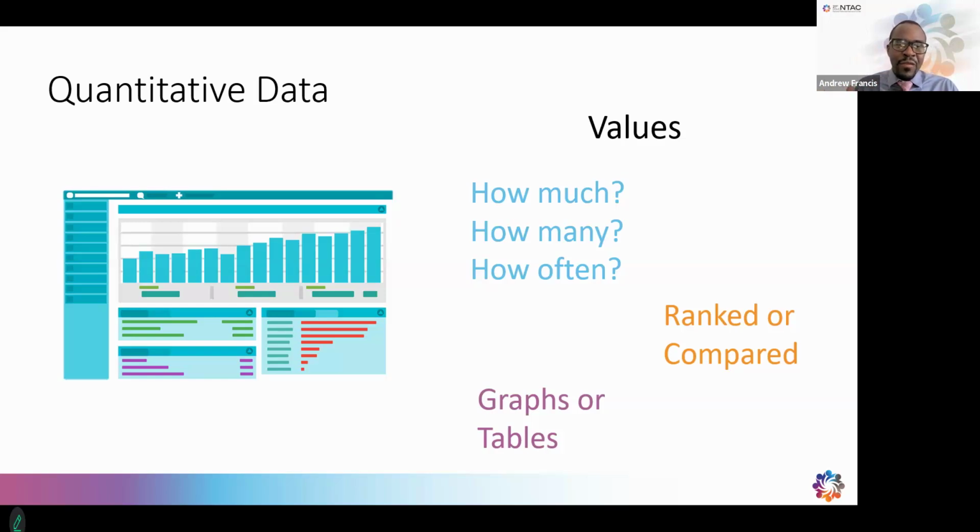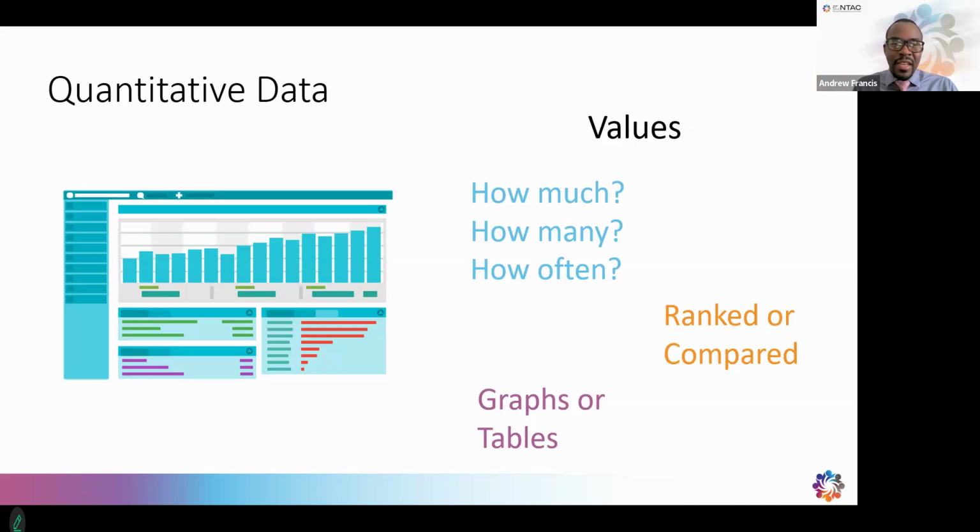And this data provides a very clear but also measurable answer about how many students are performing at a particular level on their state assessments, how many students are flagged for chronic absenteeism, that is, attending school for less than 90% of the days or so, right? It also helps us to determine how often something may be happening.